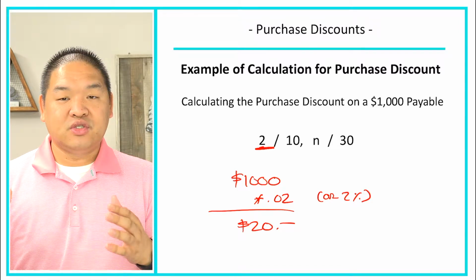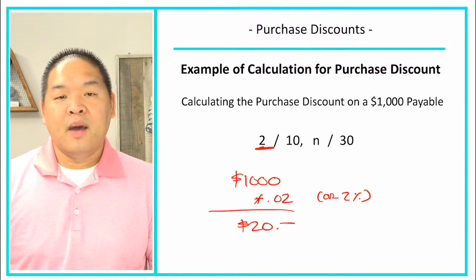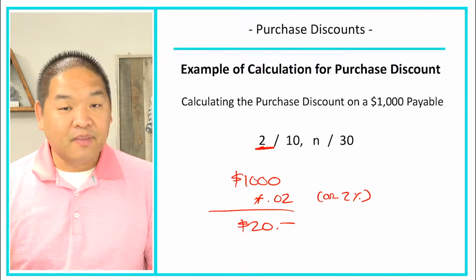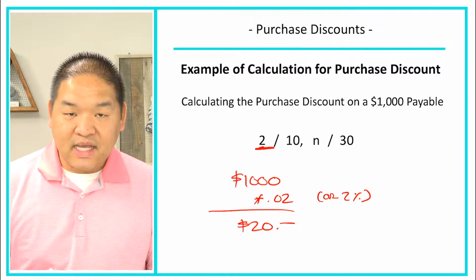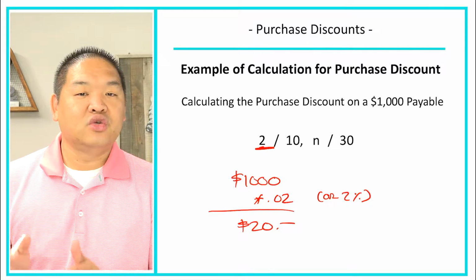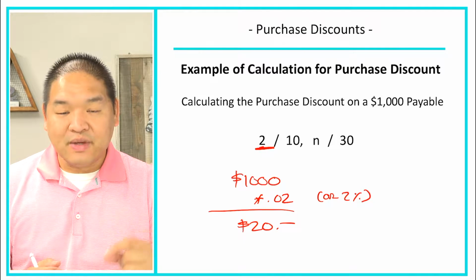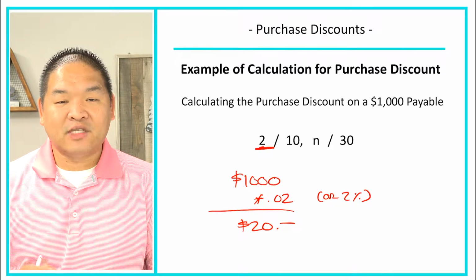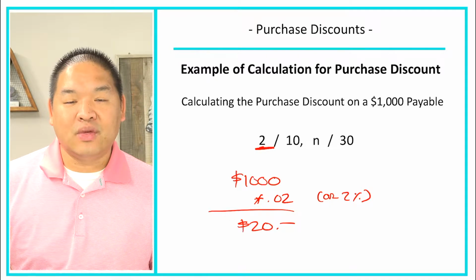Now, for most people, $20 might not seem like a lot, but at the end of the day, if we're talking about the difference between what you pay and what a competitor pays, anything that you can save also means that you can reduce the price to your customers, giving you a little bit of a better competitive advantage. In this case, that difference might be 10 cents on the retail price.